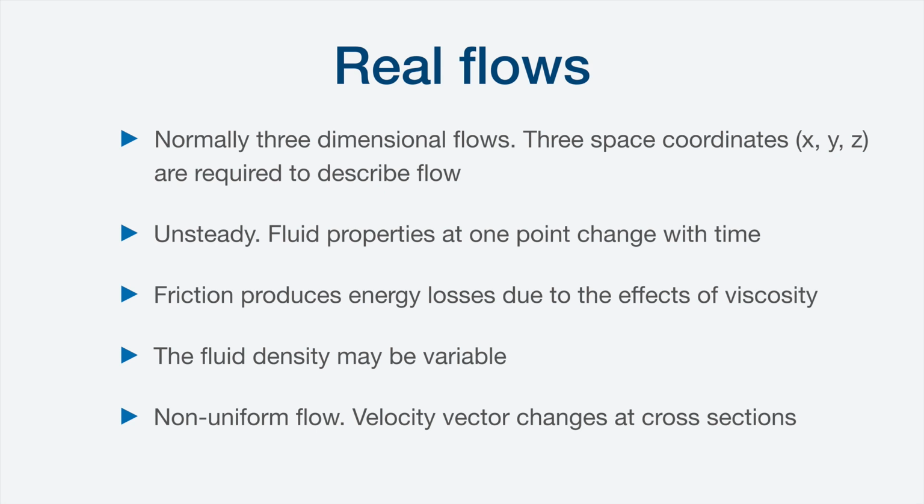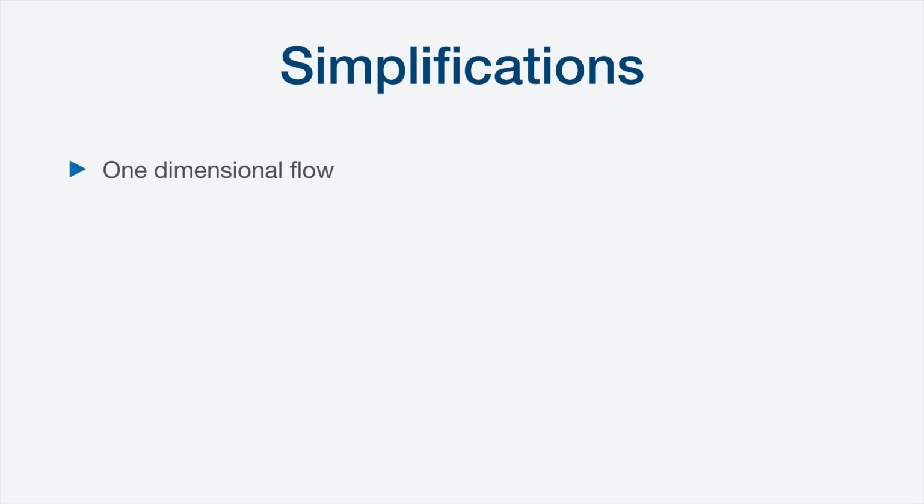What simplifications will we use to define Bernoulli's equation? The first one: properties change only in one direction, the flow direction. Let me say that we are focusing all these concepts on the application for users of pumps.